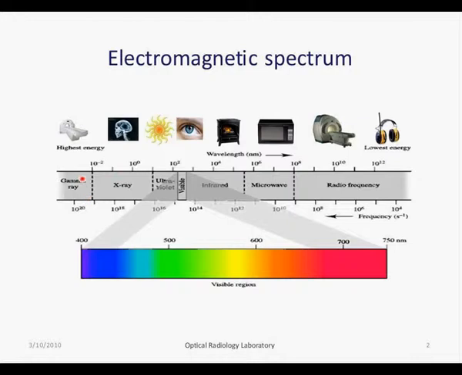As I said, I'm mainly focused in the visible and near-infrared optical regions, which we've been working with for a while, and now we're advancing into the X-ray, which we've been using for a while as well, and into nuclear imaging, which uses gamma rays for capturing the data.